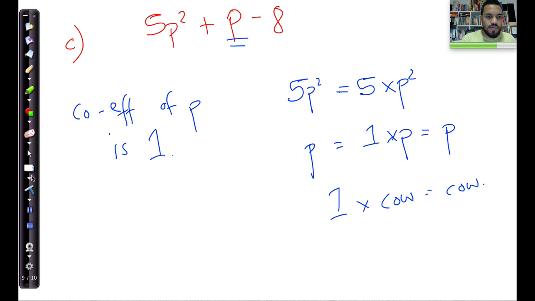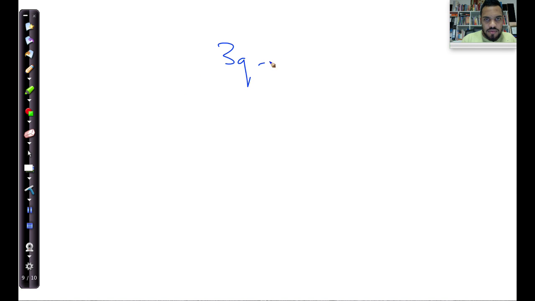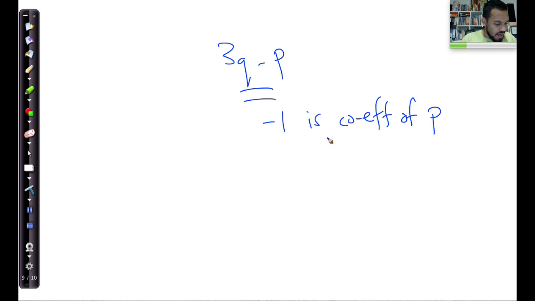Okay, let's take another one. 3q minus p, the coefficient of p over here is just negative 1. Let's do one more. p squared over 4 minus 5p over 2.